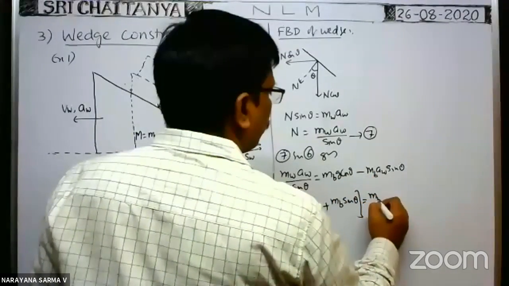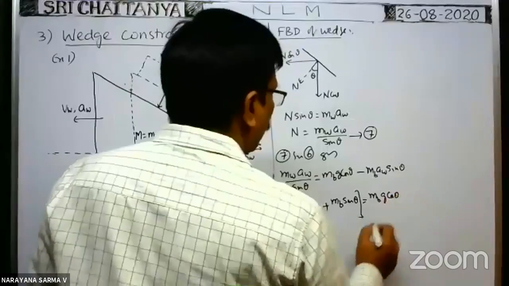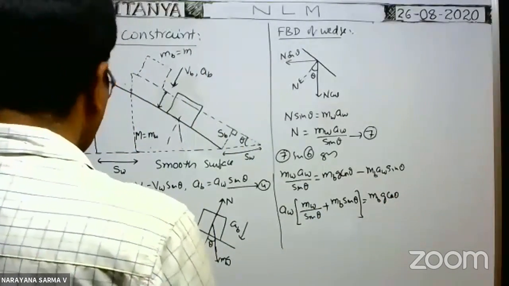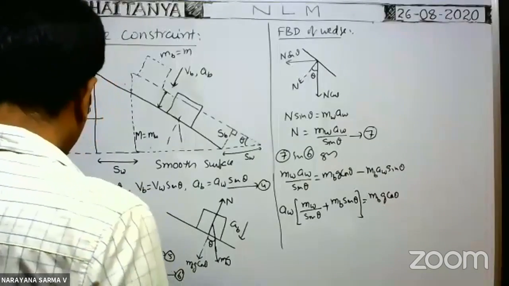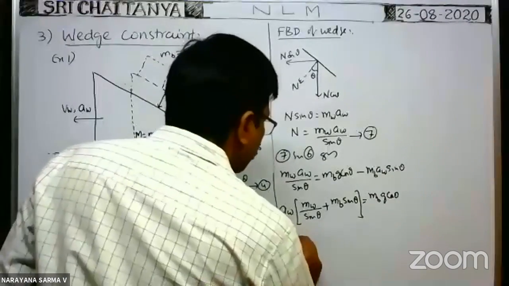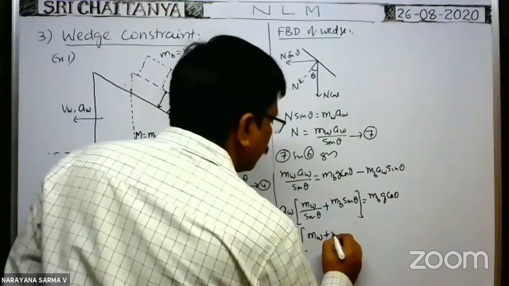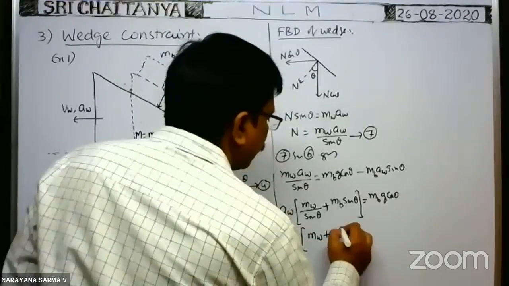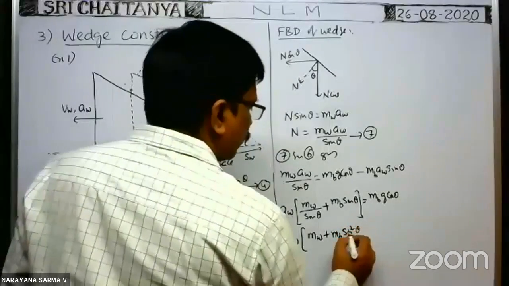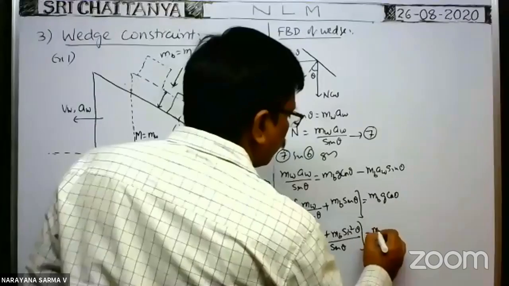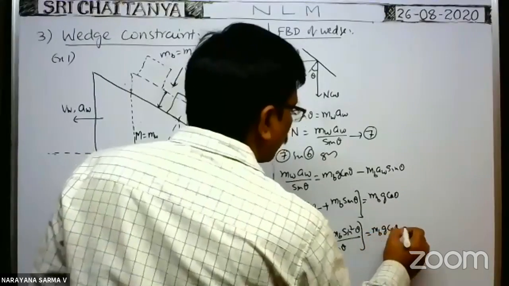Therefore, you take the LCM. When you take the LCM, aw of mw plus mb into sin square theta, whole by sin theta, is equal to mbg cos theta.